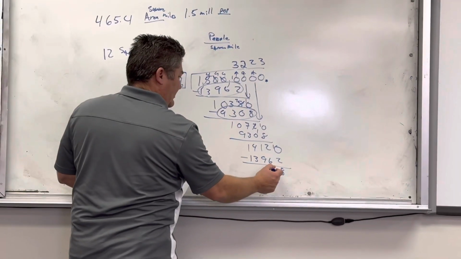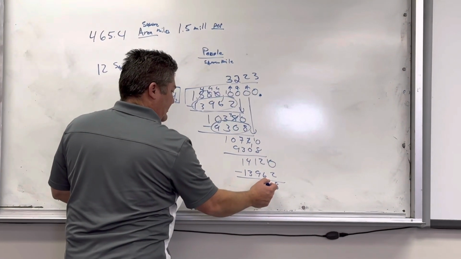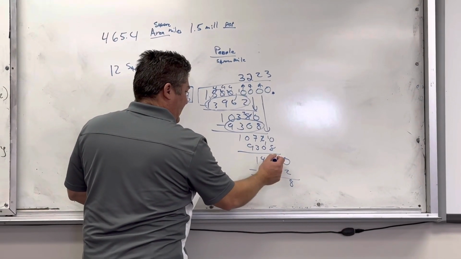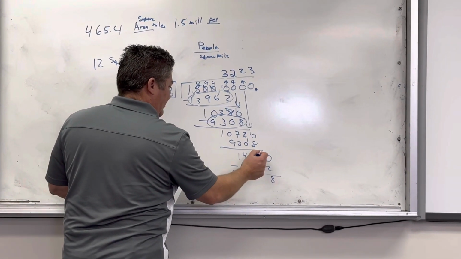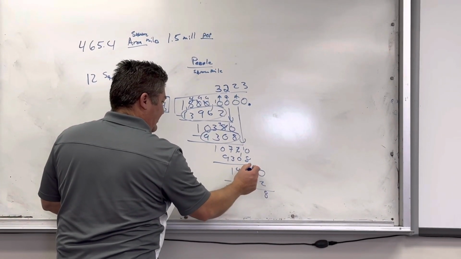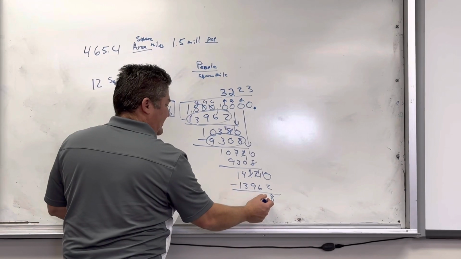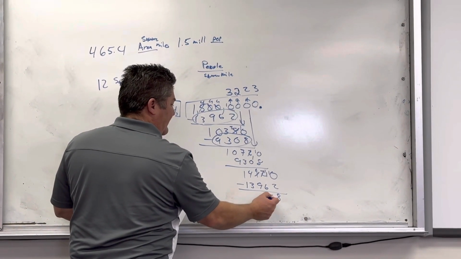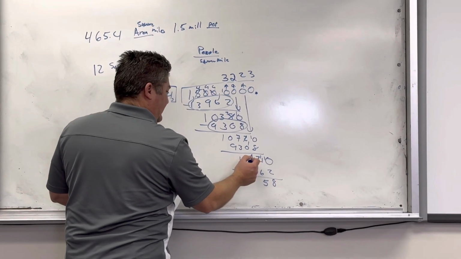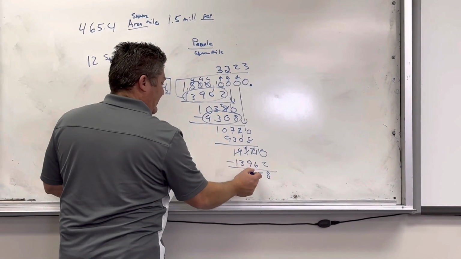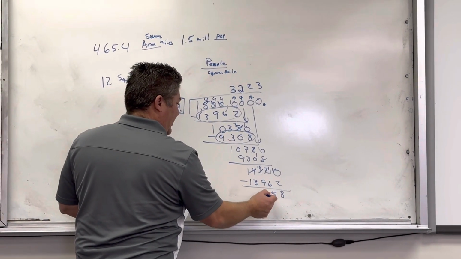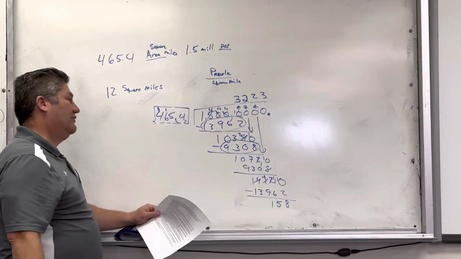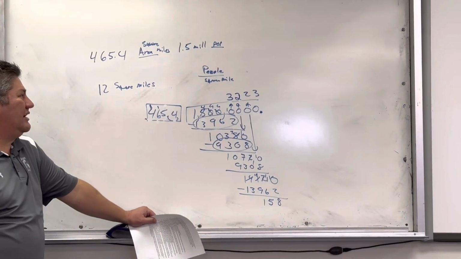I've got to borrow here, that's 11, got to borrow there, that's a 0. So 11 minus 6 is 5. And then I've got a 0 there, borrowing there. That's going to give me 158 left over, okay? So 158 left over.